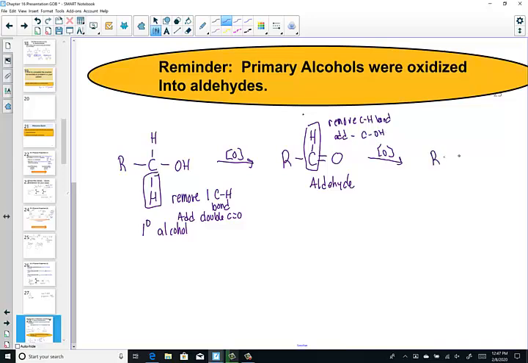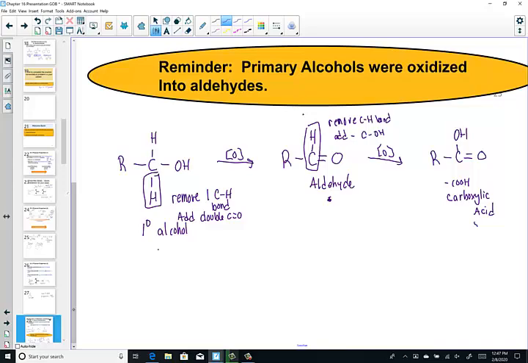So now we have C still going out to the carbon, double bonded, and we add another oxygen there, and this by definition, see it, COOH, is a carboxylic acid. So we know primary alcohols convert to aldehydes. Aldehydes convert to carboxylic acids.